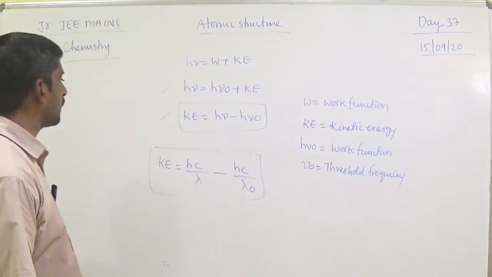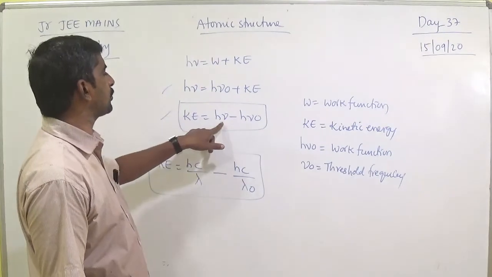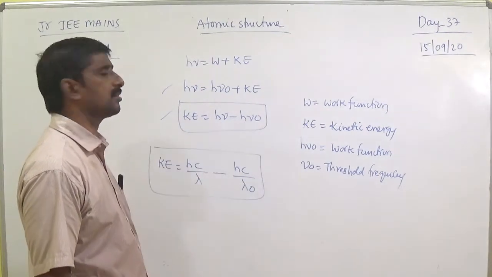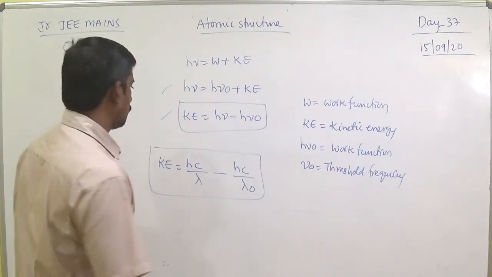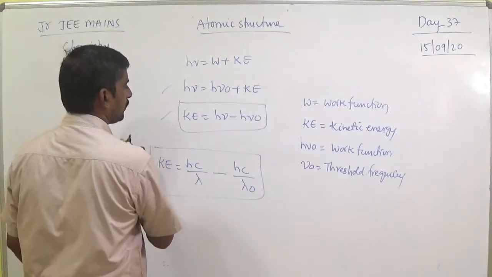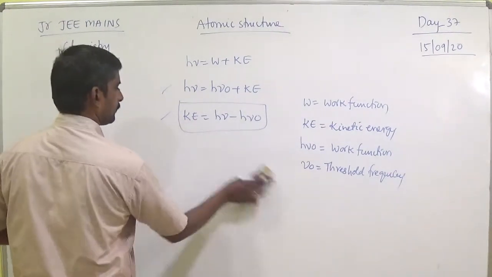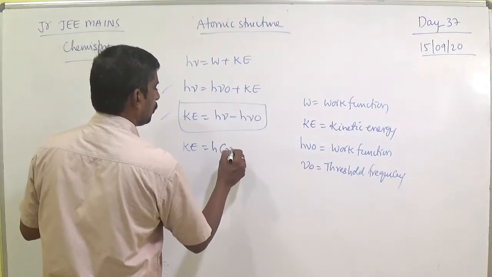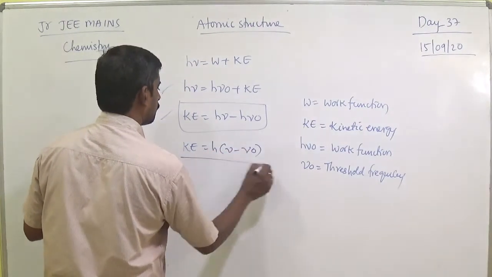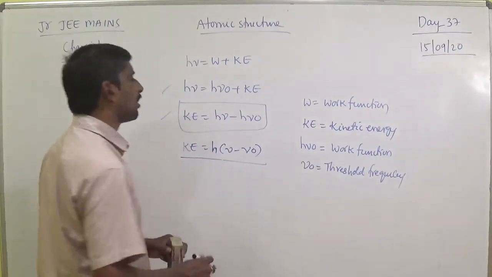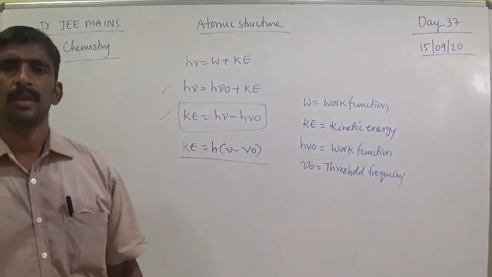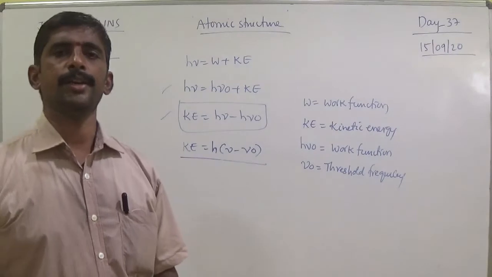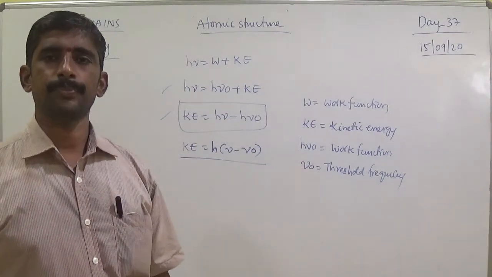Simply, kinetic energy K equal to h nu minus h nu naught, or another form K equal to h into nu minus nu naught. Here h means Planck's constant. That is the photoelectric effect.